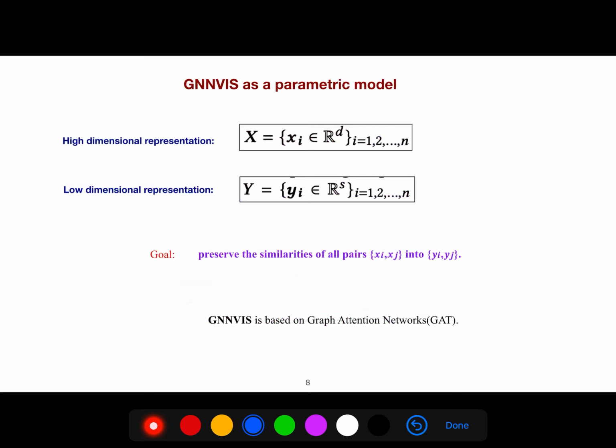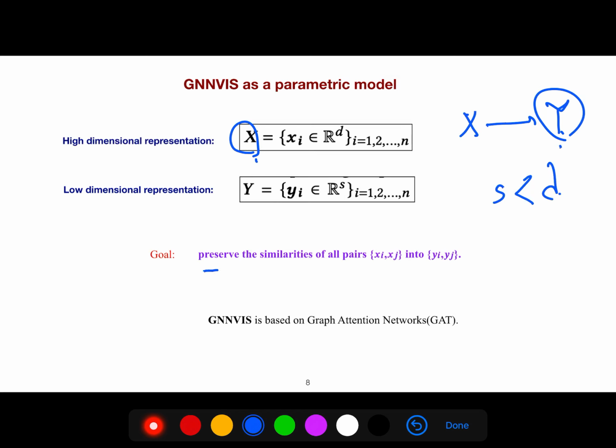And GNNVis you can see as a parametric model. You have a high-dimensional representation X as usual. You want to map it to a low-dimensional representation Y, so S is less than D, where D is the high dimension.